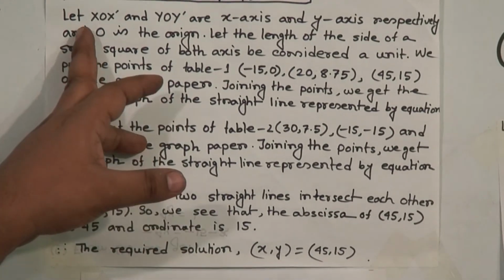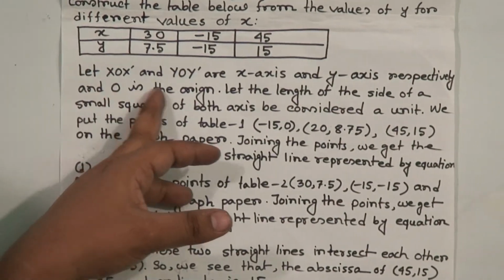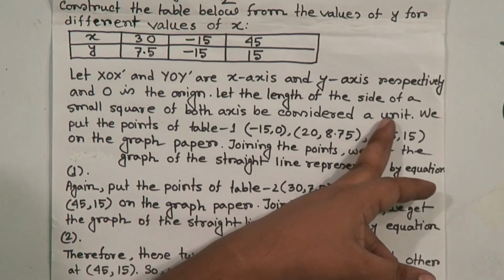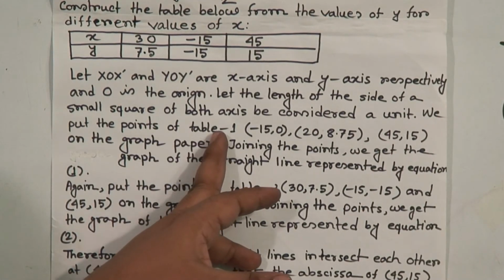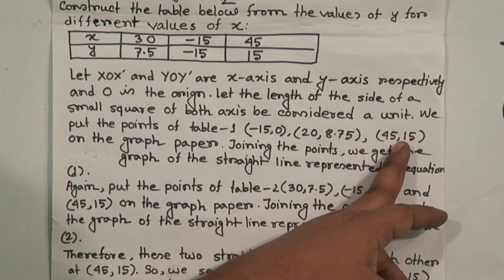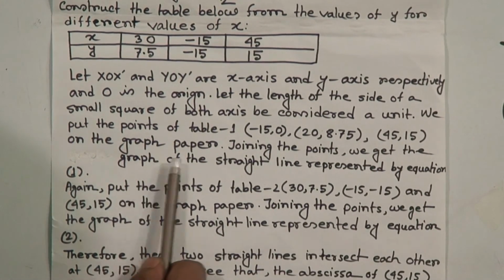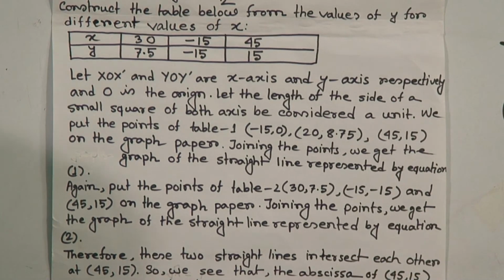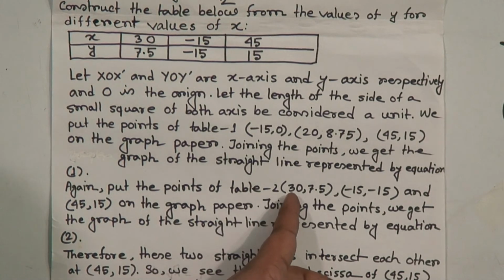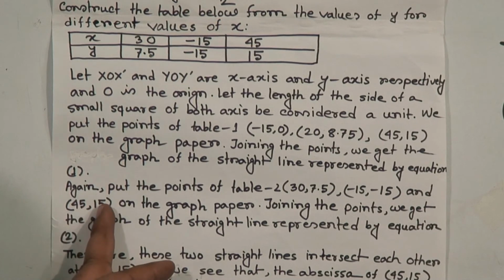Dear student, notice, let X'X and Y'Y be the x-axis and y-axis respectively, and O is the origin. Let the length of the side of a small square on both axes be a unit. We put the points of table 1, (-15, 0), (20, 8.75), (45, 15) on the graph paper. Joining the points we get the graph of the straight line represented by equation number 1. In a similar way we put the points (30, 7.5), (-15, -15) and (45, 15) on the graph paper.